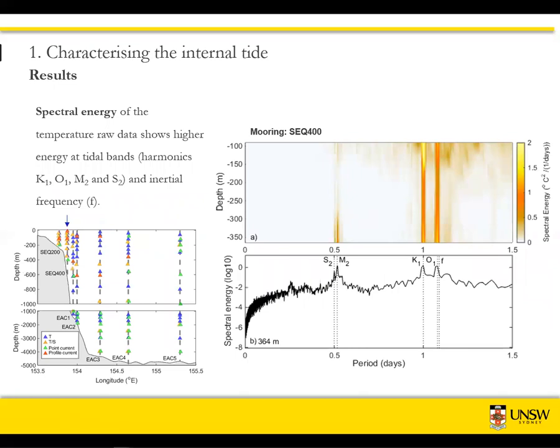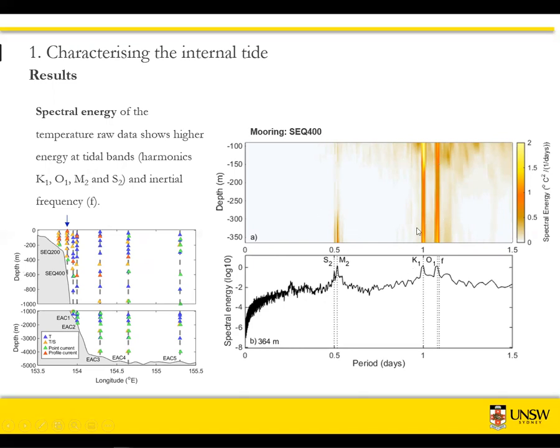So firstly, we analyze the spectral energy of the raw data. With that, we can see the main constituents of the internal tide, the harmonic constituents of the internal tide. So basically, the internal tides are composed of different harmonics, and they are separated into diurnal and semi-diurnal.